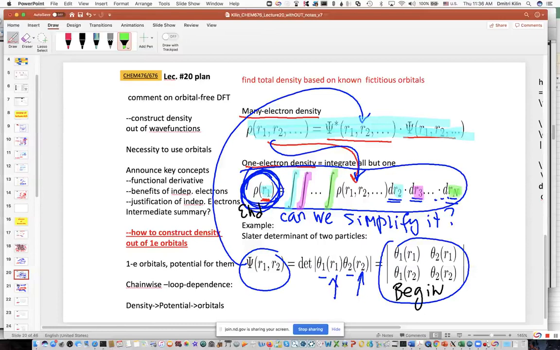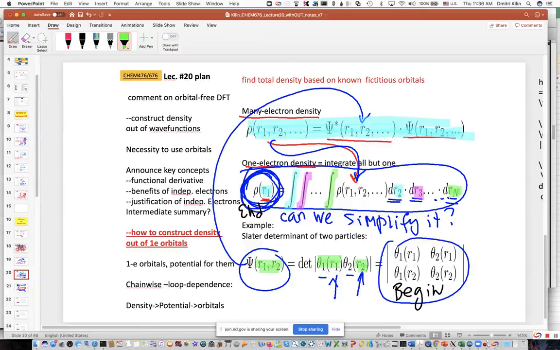I am not going to make mathematical proofs, but I invite you to practice this procedure for a case of a wave function consisting of two independent variables. So let's assume that we have solved the Kohn-Sham equations with this lowercase Hamiltonian, found two orbitals, and placed electron 1 and electron 2 on these orbitals.